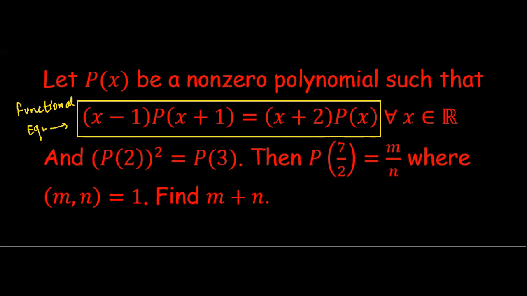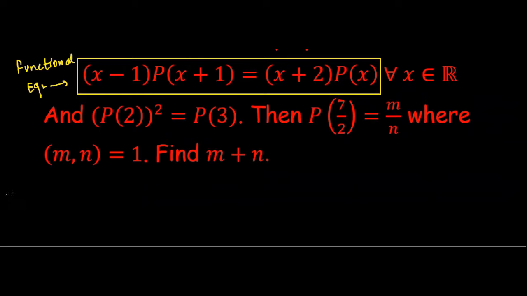So if we put x equals 1 in this problem, we get the left-hand side as 0 times p of 2 is equal to 2 times p of 1. So we can say that p of 1 is basically 0.